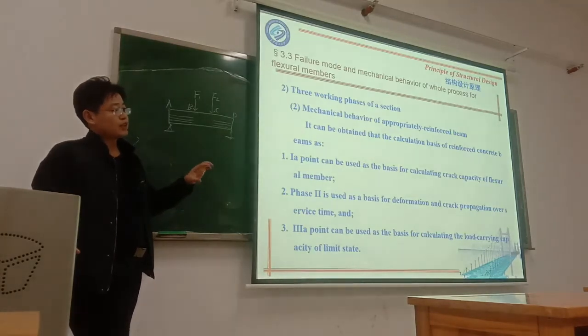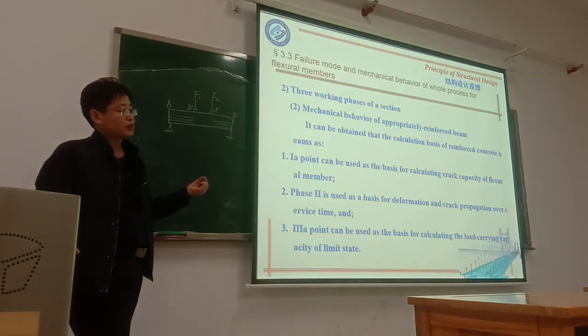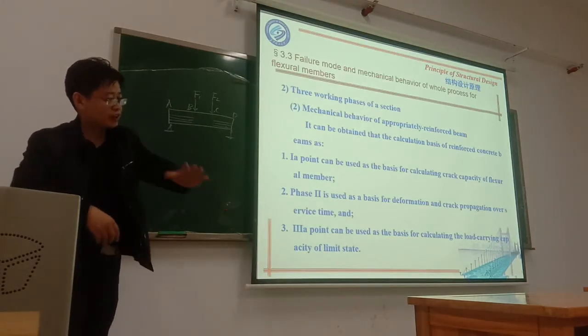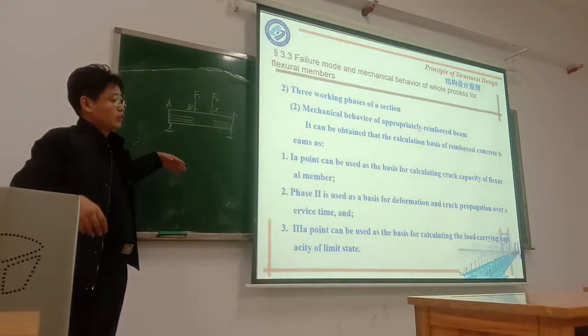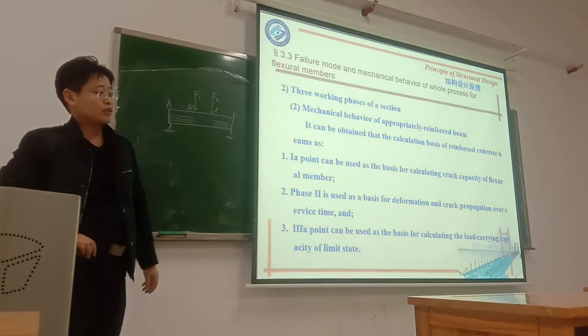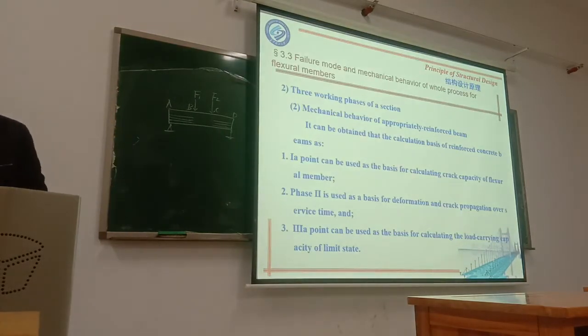Too large deformation or too large crack will influence the normal service. You see, if a bridge got a very large deformation, of course no one would drive across. They are afraid it will drop down.